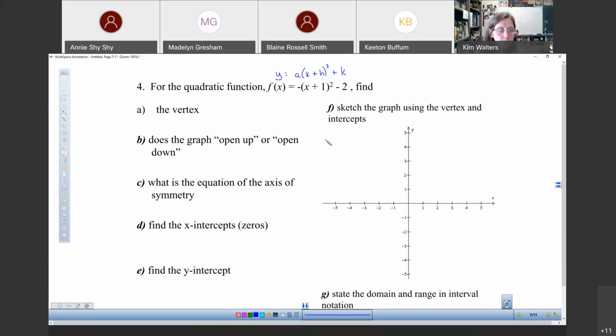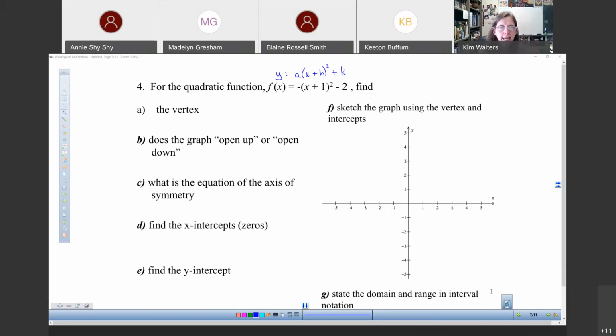Quit trying to solve stuff. Don't do number 3. Don't do part D. Does that help some of you get started with the vertex?